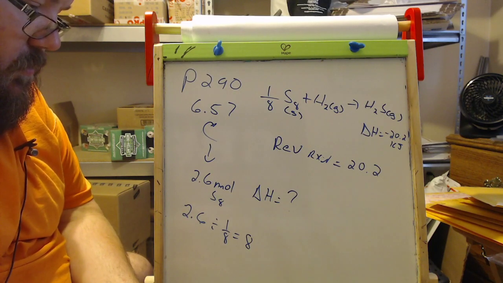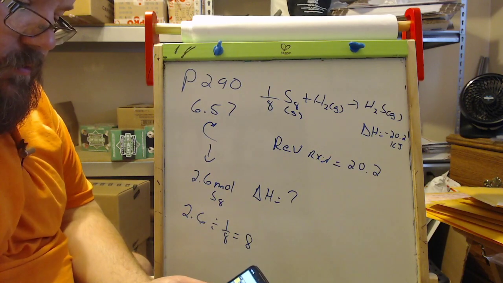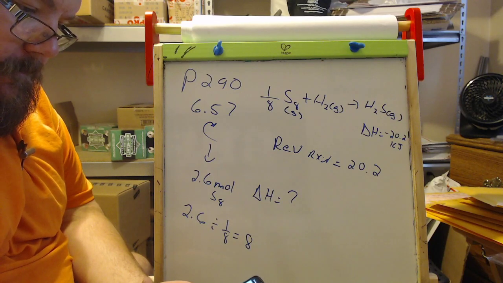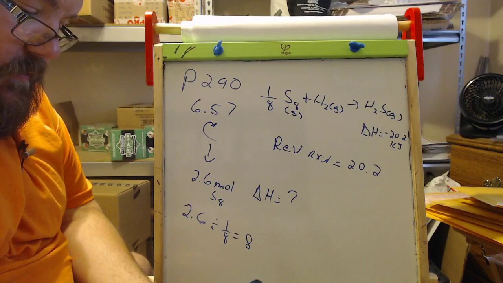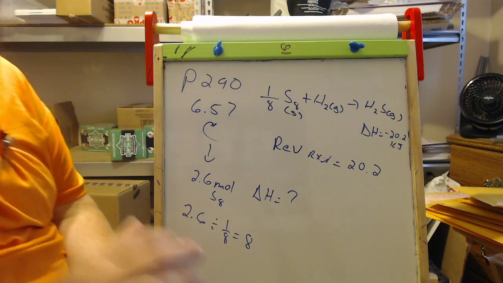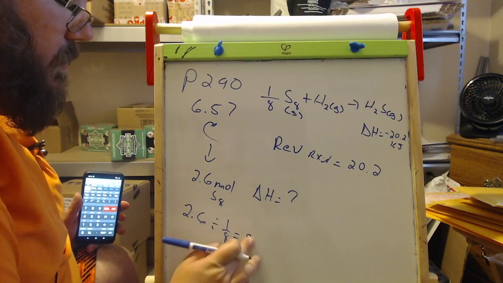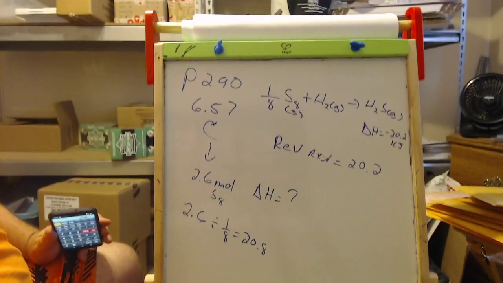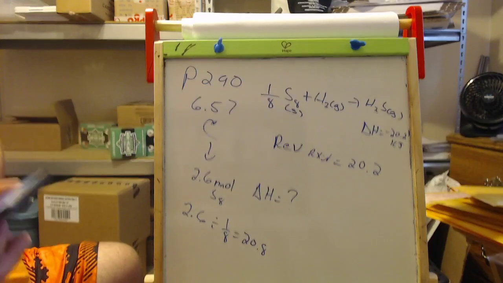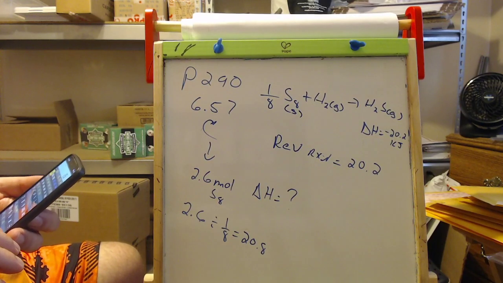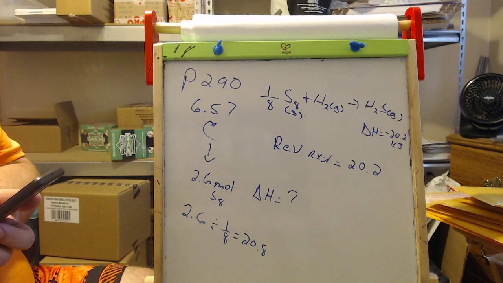Sorry, because I got to figure out how many. Let me do this right. 1 divided by 8 is 0.125. 2.6 divided by 0.125 is 20.8. Double checking my math here.